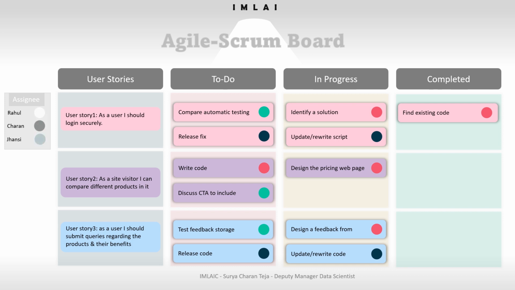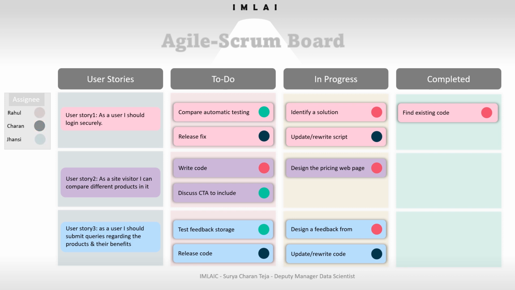So at this moment we can easily find that we have 3 assignees, and out of that we have a few tasks. If you see Rahul, he has completed one task and is working on 2 tasks: identify a solution, and design the pricing web page.